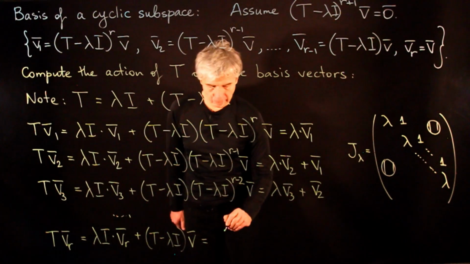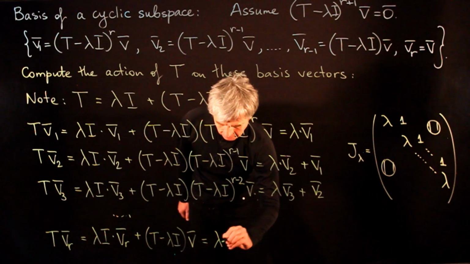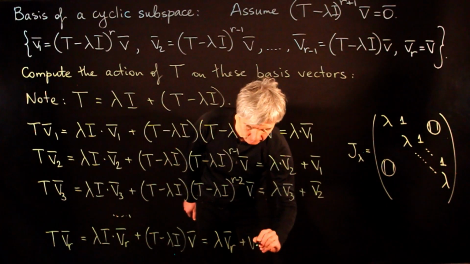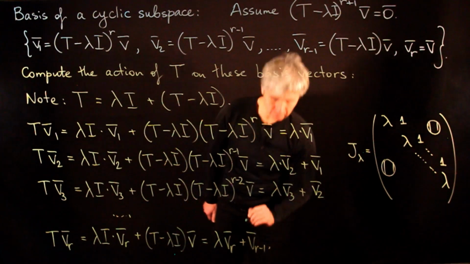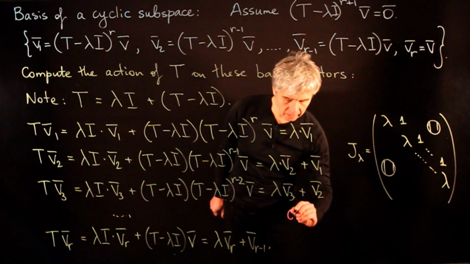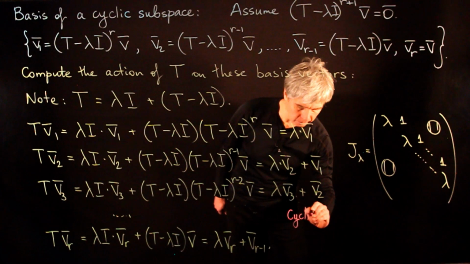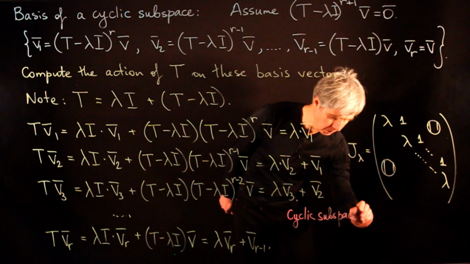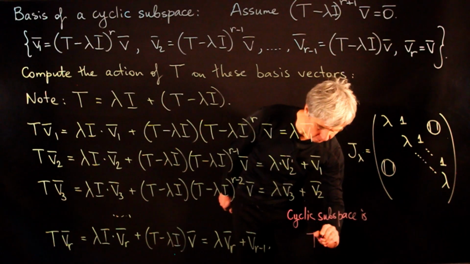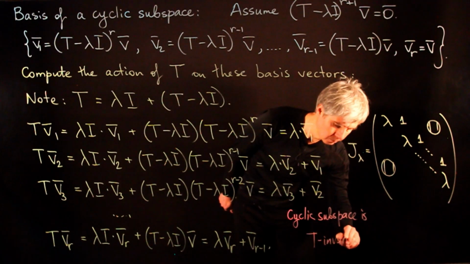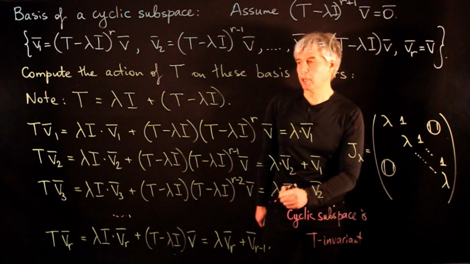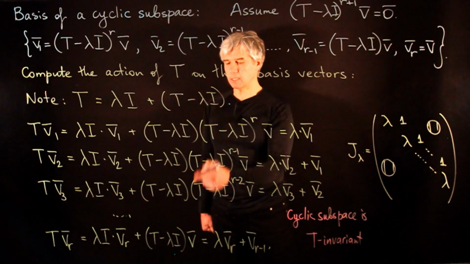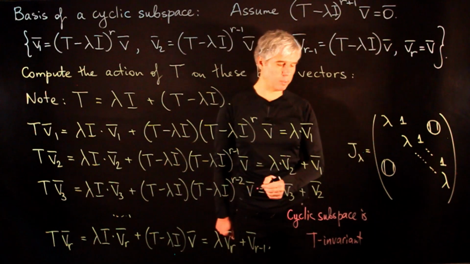And so what we get is lambda times v_r plus v_{r-1}. So what we see here is that this cyclic subspace is T invariant, because when we apply T to vectors from the cyclic subspace, we still remain within the cyclic subspace.